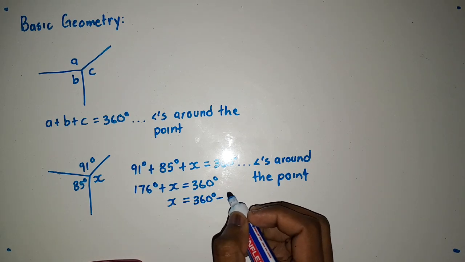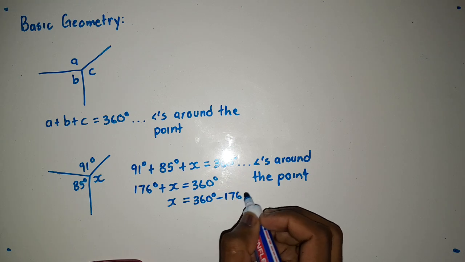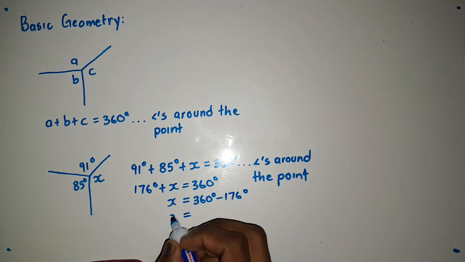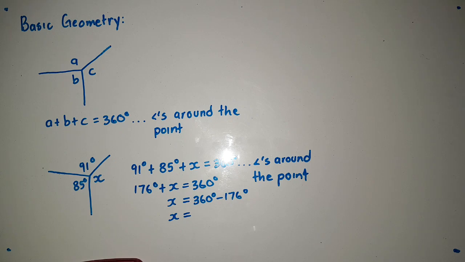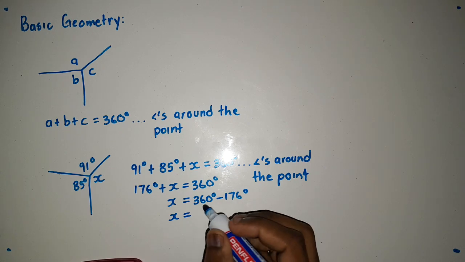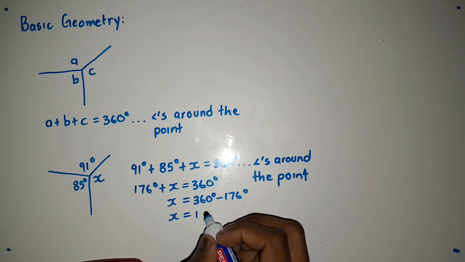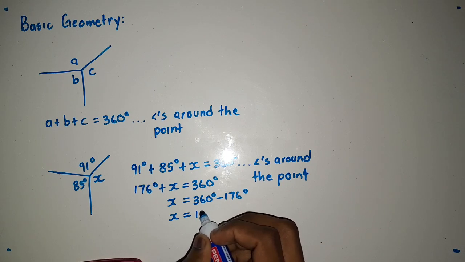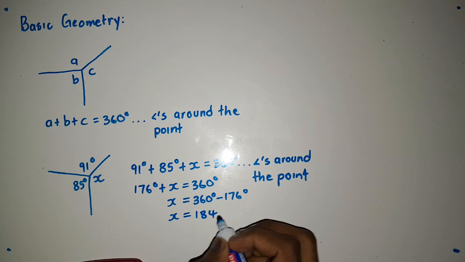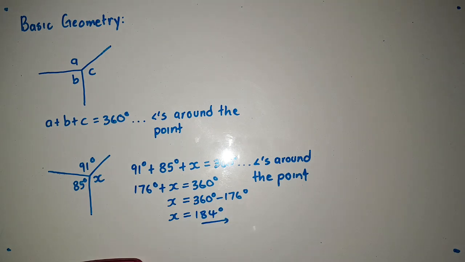You must get 360 minus 176. You must get 184 degrees. Do you understand? Just like this.